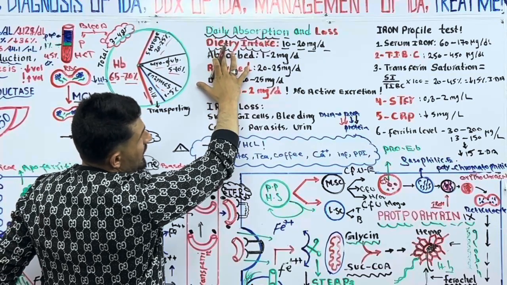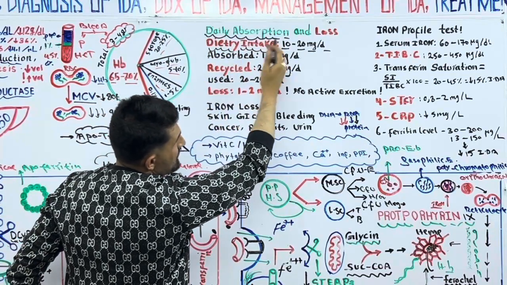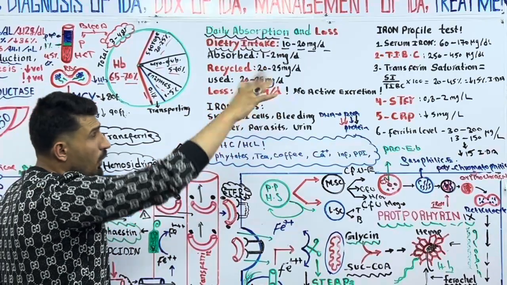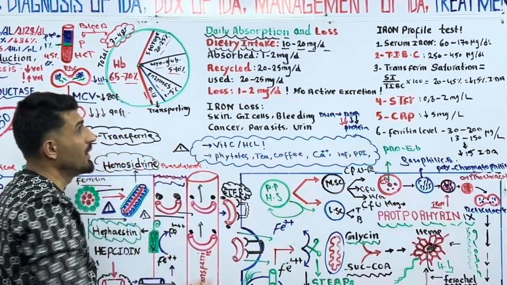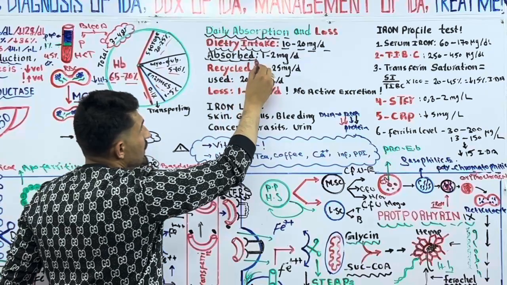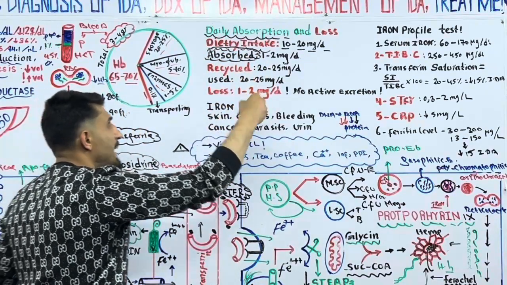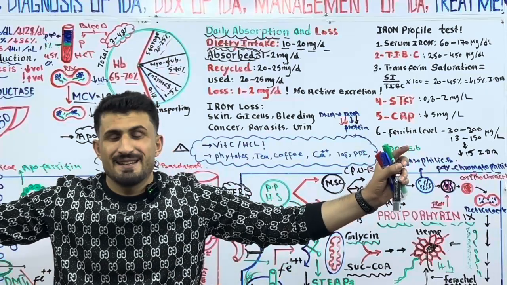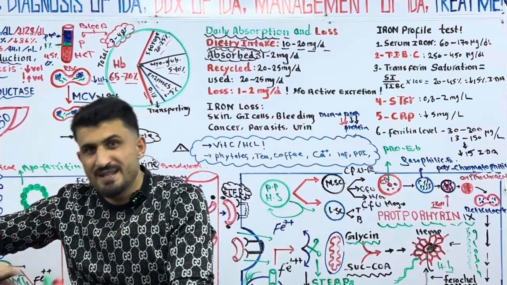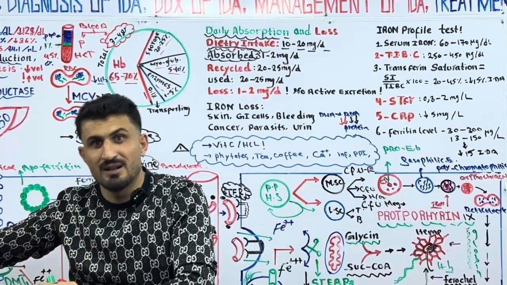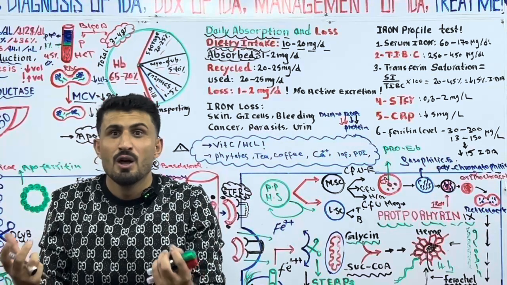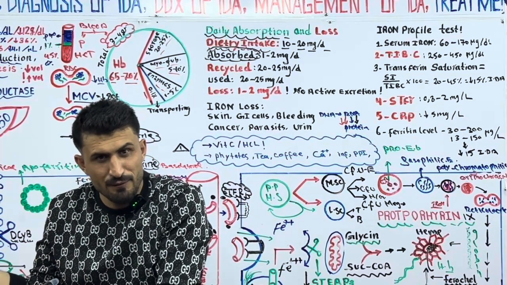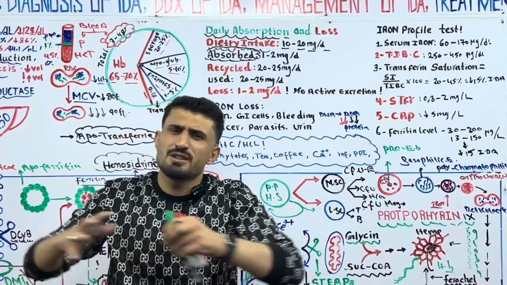In diet we have, for example, 10 to 20 milligrams per day in western diets. Only 1 to 2 milligrams will be absorbed because we lose only 1 up to 2 milligrams of iron through different processes in our body, through feces, through epithelial cells, through sweating, through the menstrual cycle in females. Okay, through different pathways.